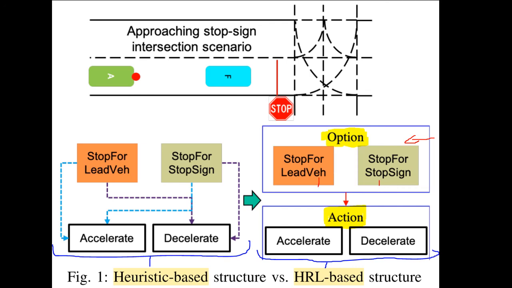Once you have selected this sub-goal, then you have an action network that generates low-level longitudinal actions. It's about throttle and about brake. And this process of deciding the throttle and the brake continues until the point that the meta controller decides a new option or a new sub-goal. So that's the idea of hierarchical learning, hierarchical RL.